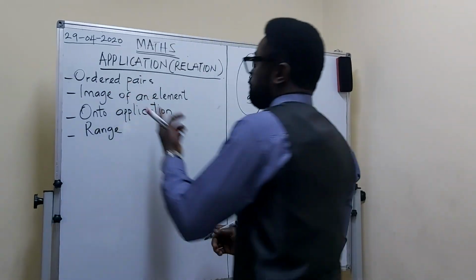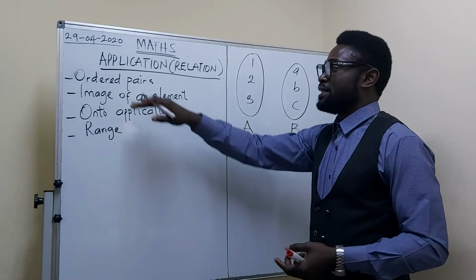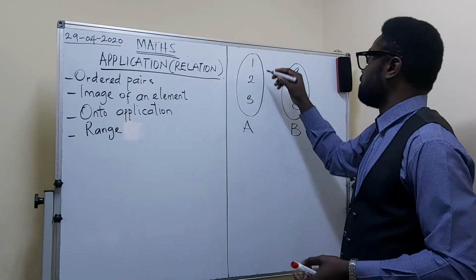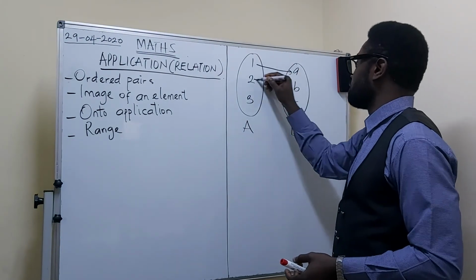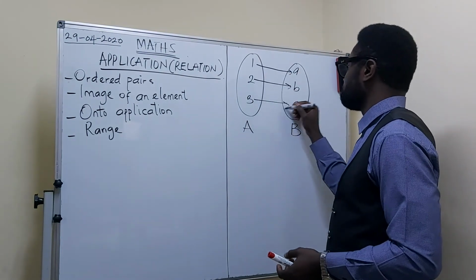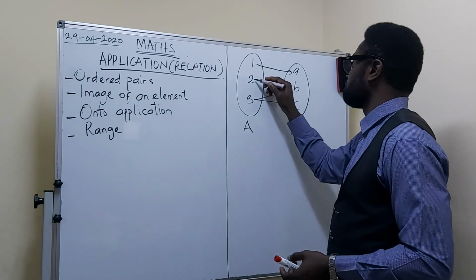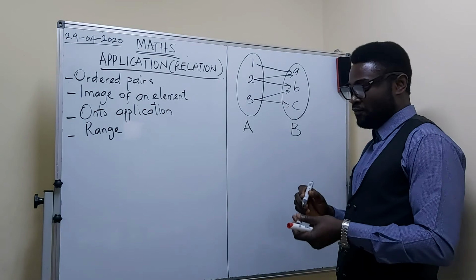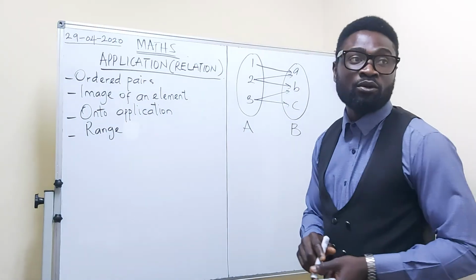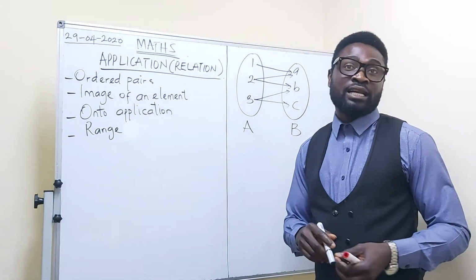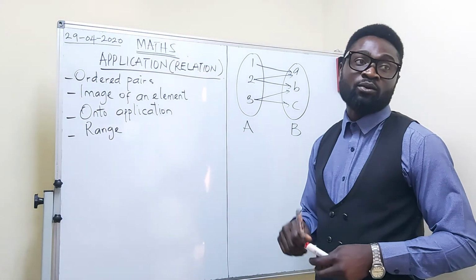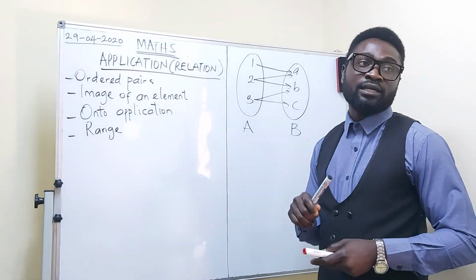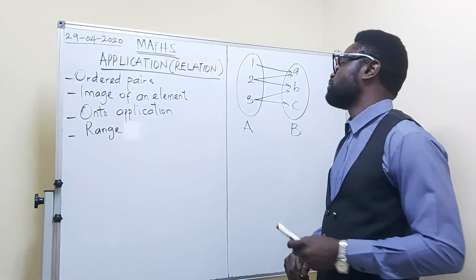Now, speaking of what we have on the board, you can see ordered pairs. Now, let's try to connect some of these things we have on the board. And don't forget, in the last class, I told you when we can really call an application and when we can really call a relation.